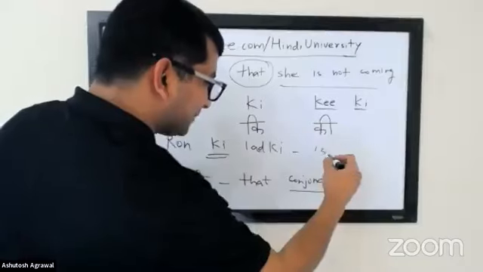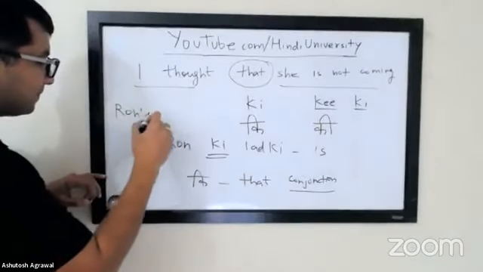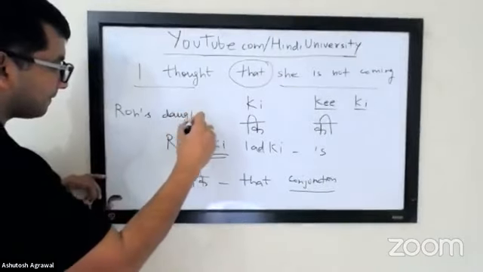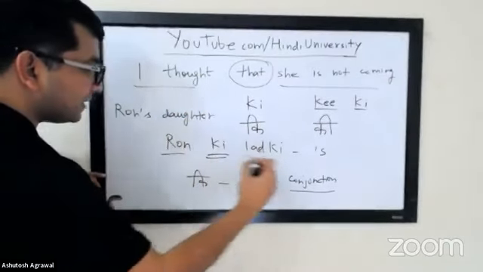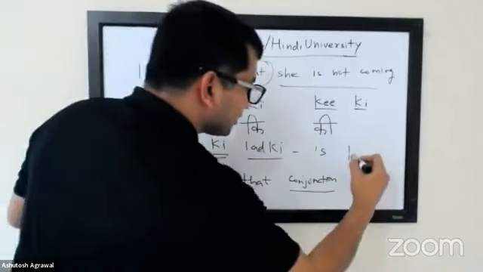It means apostrophe s literally. Yeah, apostrophe s. So this one means Ron's daughter. When you want to show a relationship between this and this, right? So it's a postposition there.